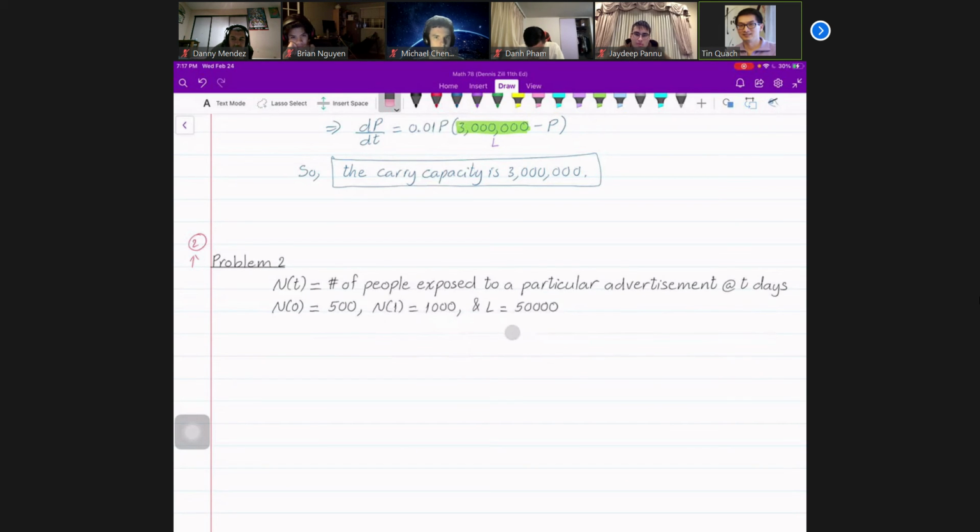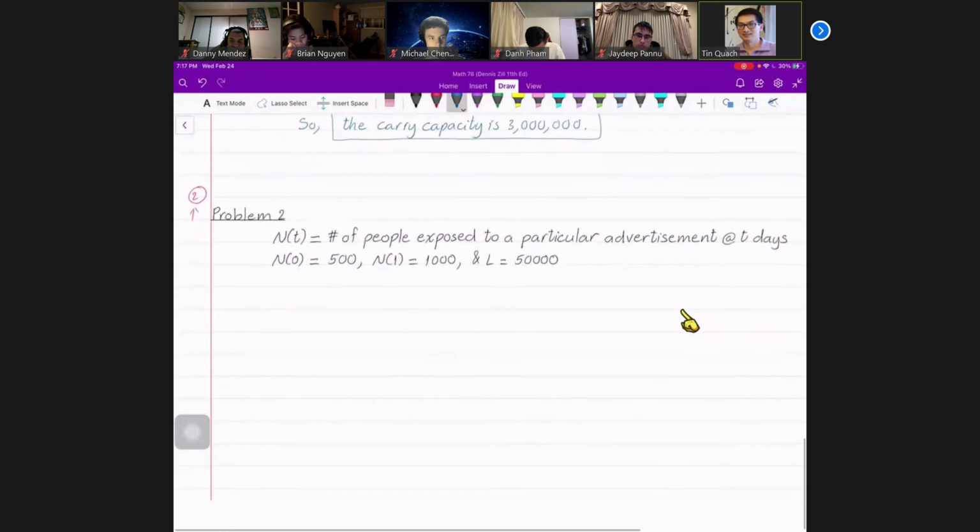And we know that the carrying capacity, the maximum number of people who could see the advertisement, is 50,000. So how are we going to go about finding n of t?